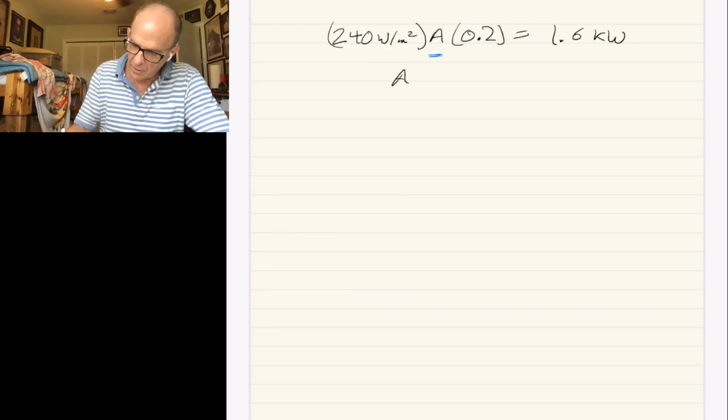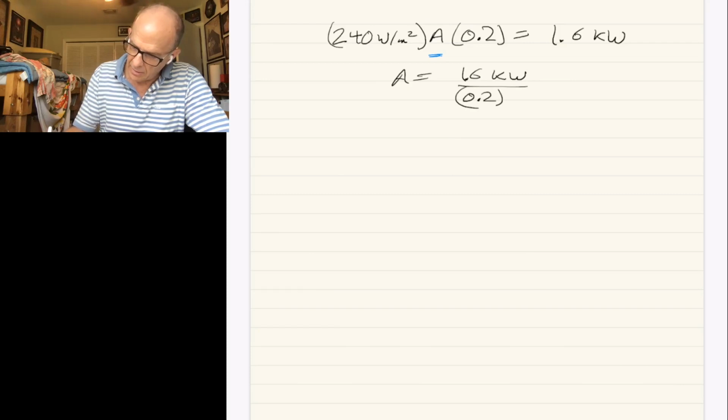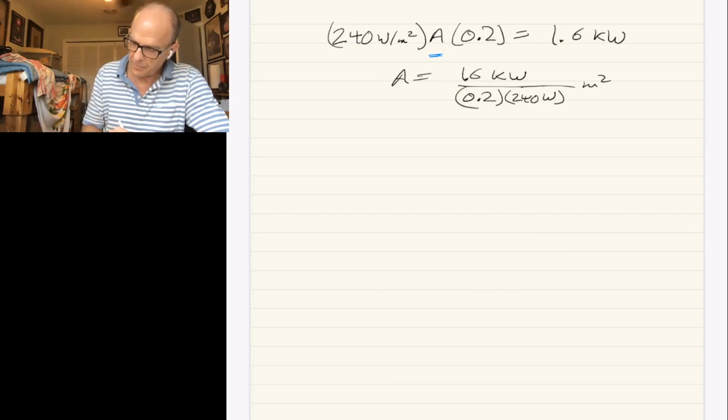So I can just rearrange this equation. 1.6 kilowatts divided by 0.2 and divided by 240 watts per square meter. So the square meters come up in the numerator. I divide by watts per square meter. That's meter squared per watt. I've got kilowatts in the numerator, watts in the denominator. So let's handle that unit conversion.